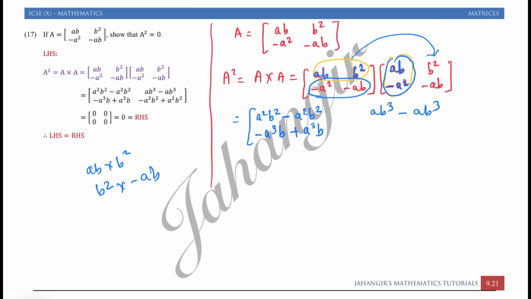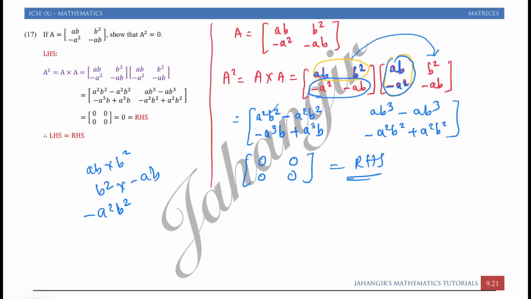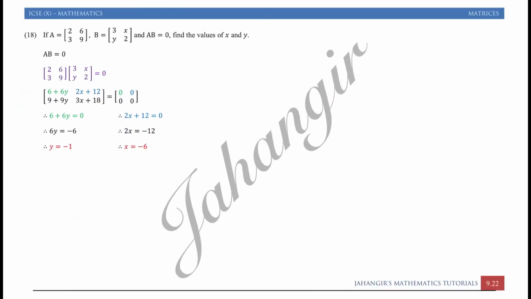Then same way, second row and second column, minus A square B square plus A square B square. So cancelling this, we get 0, 0, 0 and 0. That is equal to RHS. Okay. Next question.